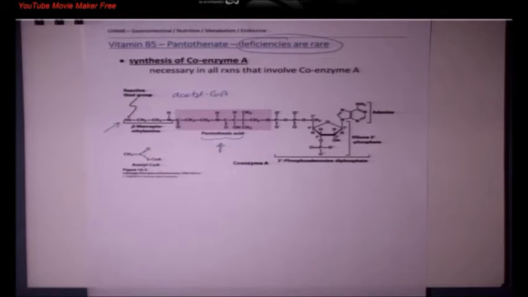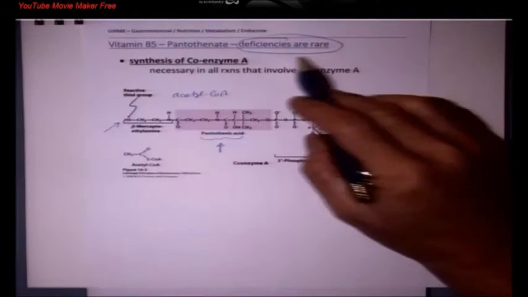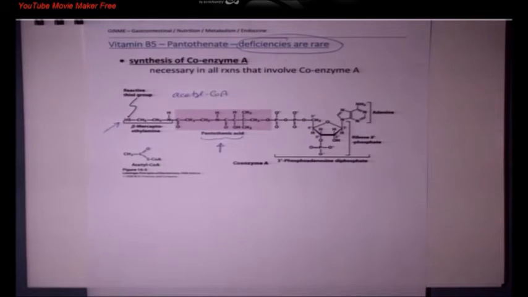Death. Tiredness, fatigue, probably death. We need acetyl-CoA for everything. We need it for glucose metabolism, lipid metabolism, protein metabolism. So this would be a very severe deficiency. But fortunately, it's rare. Okay, that's a boring one.